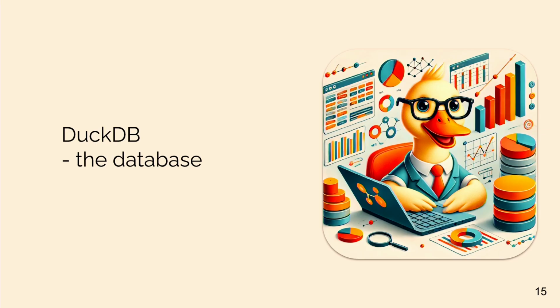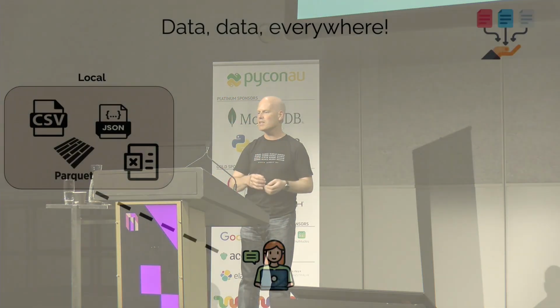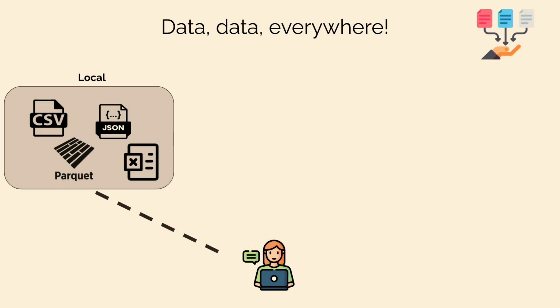So let's take an even broader view of how DuckDB can sit in front of a bigger ecosystem, and talk about how we can work through some real-life problems. One of the things I work with in my day job is an appreciation that data can sit across many different areas, and we have to work with local data, and that could be local Parquet files, or Excel files, or JSON files.